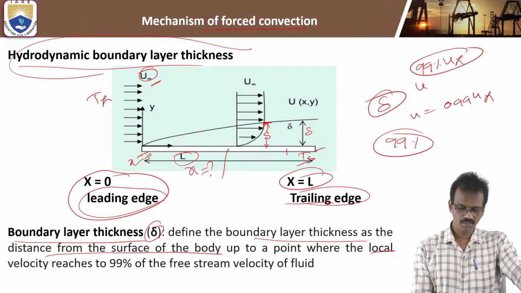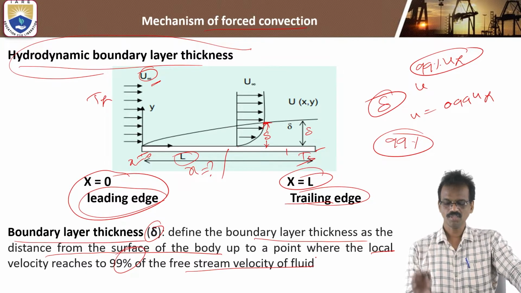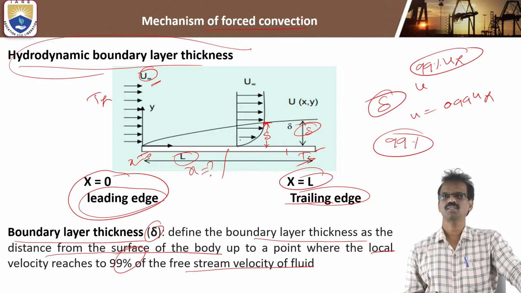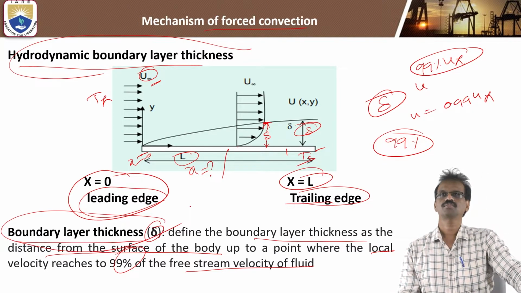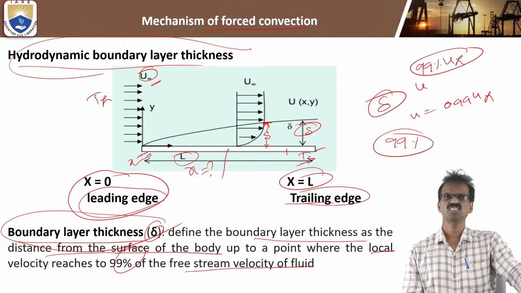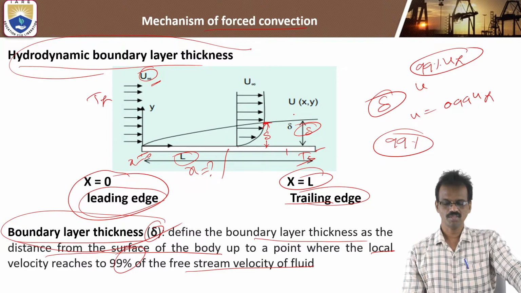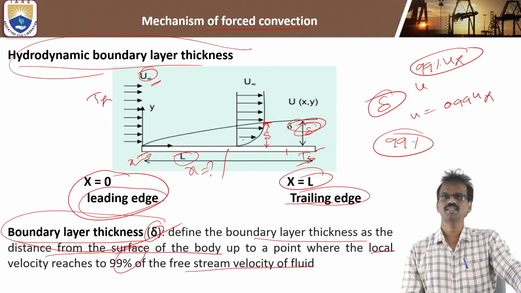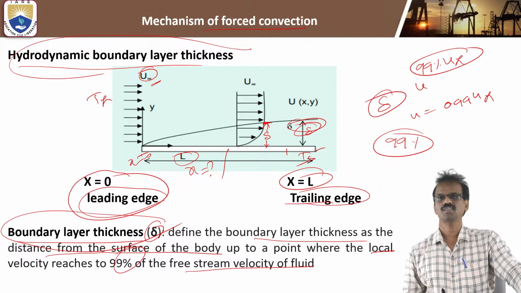So that distance is simply represented by delta, and it is called the boundary layer thickness. This is the layer of the velocity boundary layer, the hydrodynamic boundary layer. This is the profile in the forced convection mechanism.